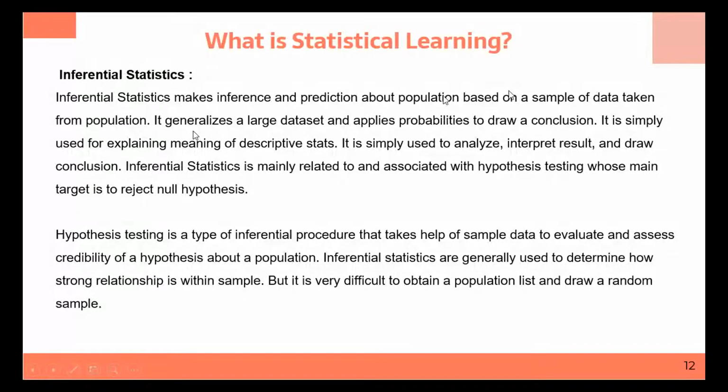A part of the data taken from the population will be used to apply inferential statistics, and based on that outcome, we will make an inference saying that this is how it happens, and also make a prediction.